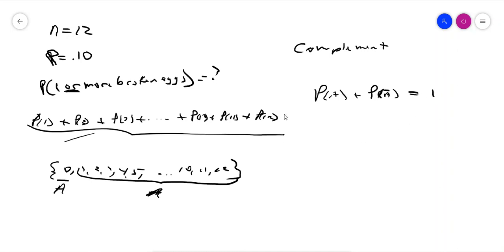All probabilities in a given experiment, remember we said they have to add up to 1. So here's a little algebra. I'm going to solve and move this over to the other side of the equation. The probability of A equals 1 minus the probability of not A. So if I look at this formula, this is hard to find because I've got to do all of these. This is easy to find because I just have to take 1 minus, and there's only one number here, so that's going to be pretty easy to do.